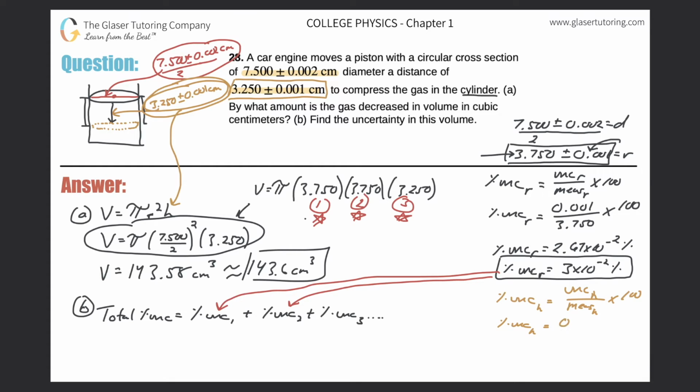So the uncertainty there is 0.001 divided by 3.250 multiplied by 100. Both units are in centimeters, so they will cancel, and my percent will essentially be unitless, which it should be. So let's pull out the calculator, 0.001 divided by 3.250.